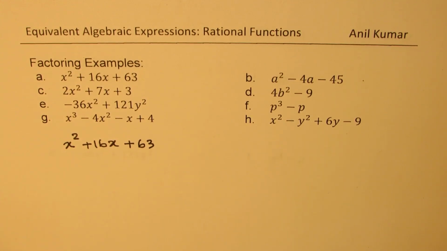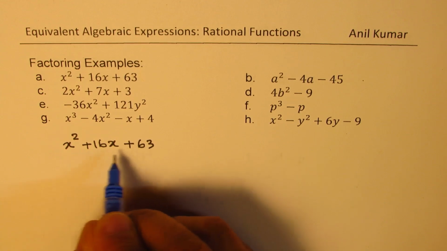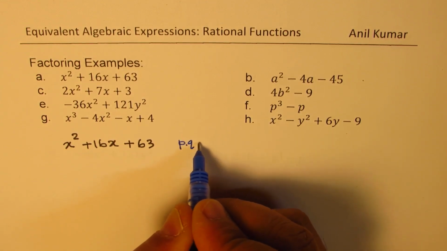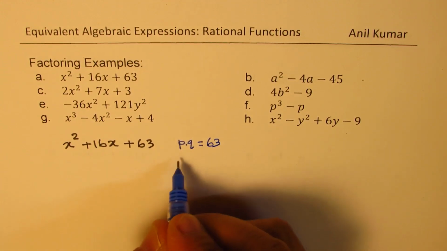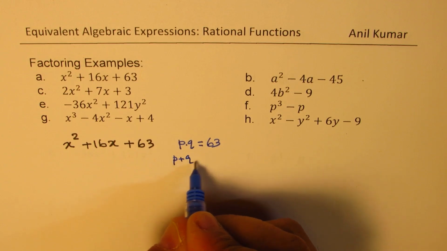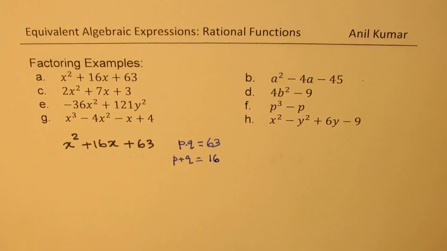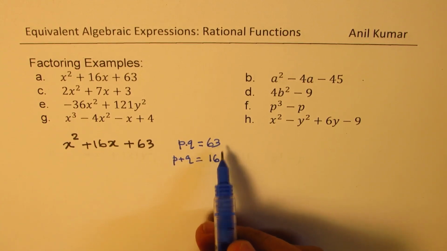Now this is a trinomial. To factor this, we are looking for product and sum. So here we need the product of two numbers p and q to be equal to 1 times 63, which is 63, and the sum of these as the coefficient of x, which is 16. Well, the two numbers will be 7 times 9, right?